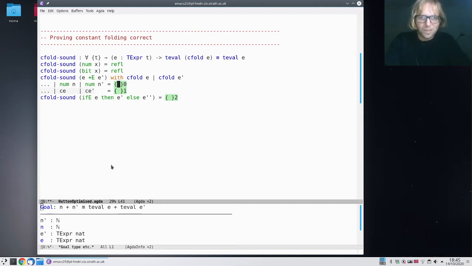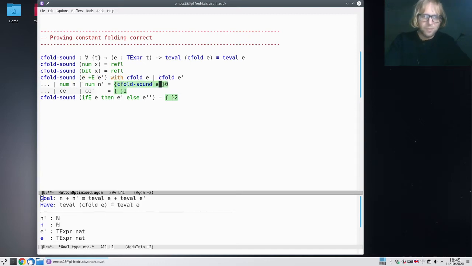So what we have to do here is we would like to look at the recursive calls for e and e prime, but the problem now is that Agda has forgotten that this used to be the same as that.